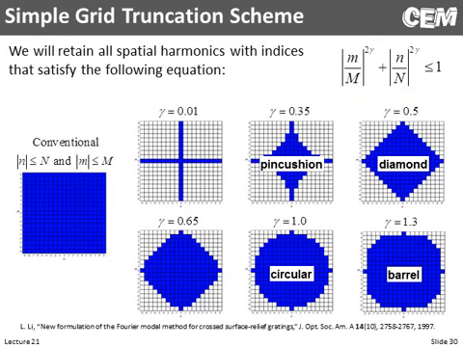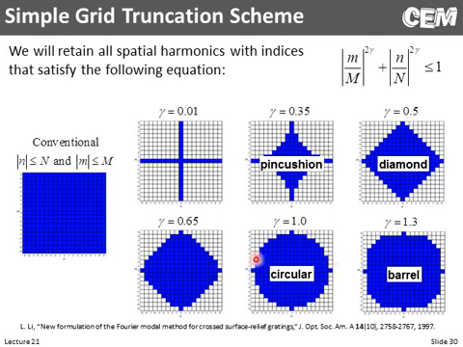And we have this generic parameter gamma. If gamma is equal to 1, it turns out this is exactly the equation of a circle, and we retain the spatial harmonics in this circle region. This really is dropping the spatial harmonics along the diagonals. Since this is a circle, we are retaining the same number of spatial harmonics in each direction. So common sense tells us that circular truncation is probably the best.